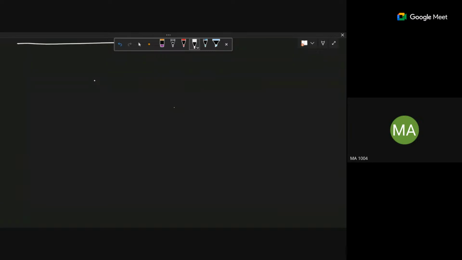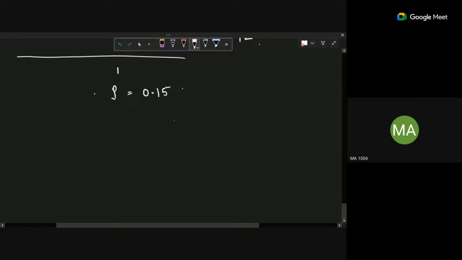That means it will detect more, right? And this probability, which is 15%, that means if I write 0.15 or 15%, both are the same, right? This P is the probability of failing to detect the disease.